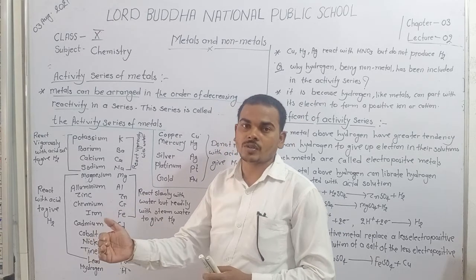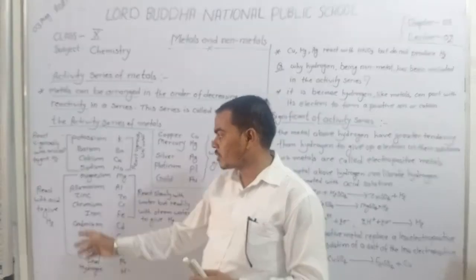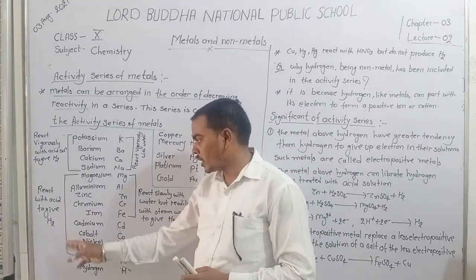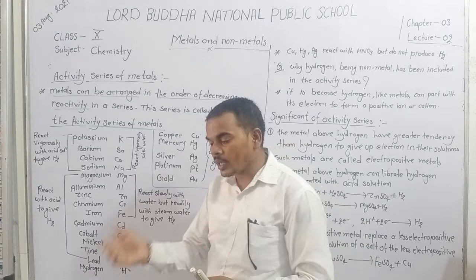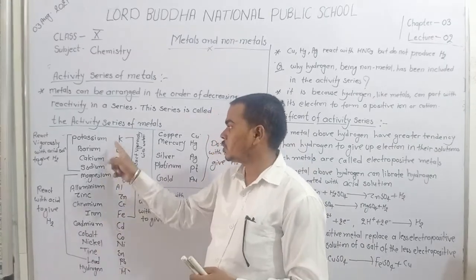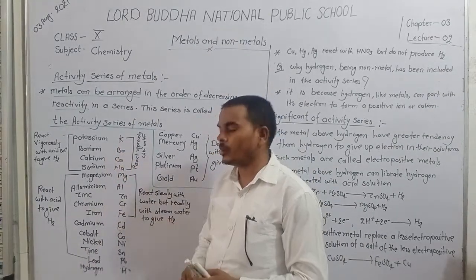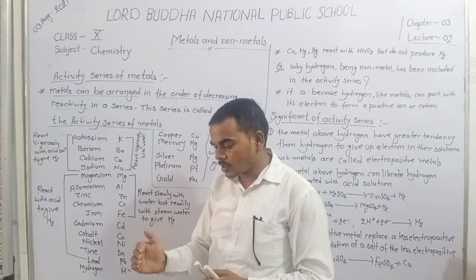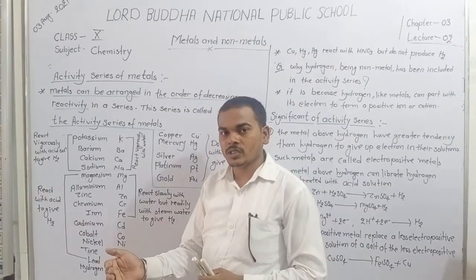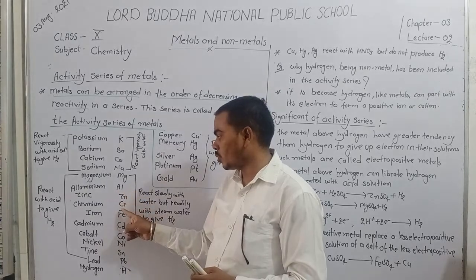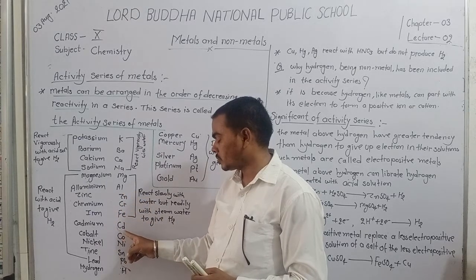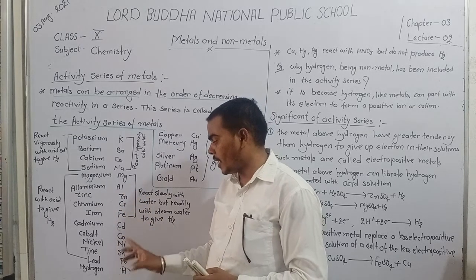They normally react with acid to give hydrogen gas. The metals that give hydrogen gas vigorously with acid are potassium, barium, calcium and sodium. But the metals which react with acid to give hydrogen gas normally are aluminium, zinc, chromium, iron, cobalt, cadmium, nickel, tin and lead.